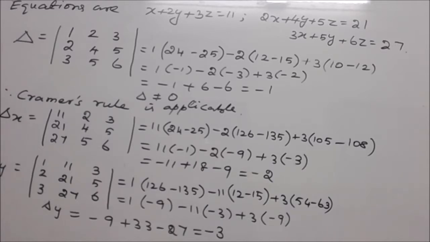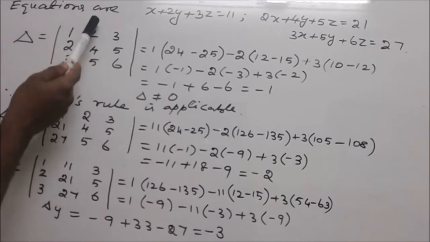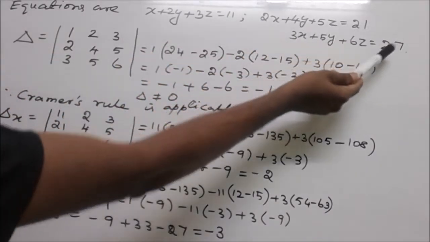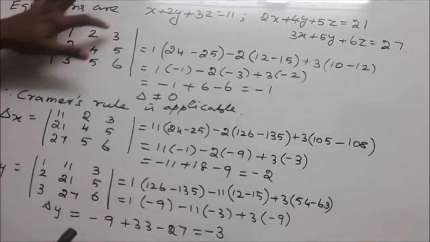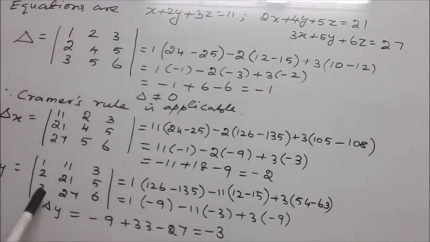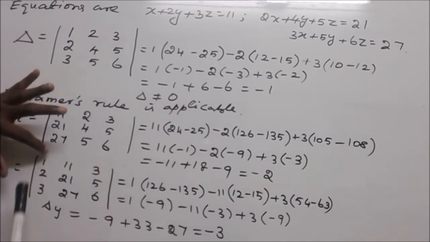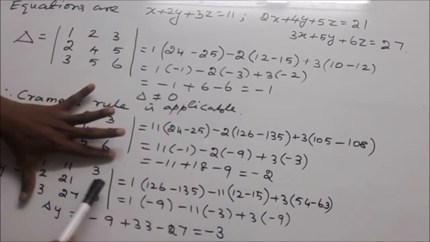Delta y. To find delta y, replace the coefficient of y in delta by the constant values 11, 21, 27. So 11, 21, 27, and the first and third columns remain as they are. Now 1, 2, 3, 3, 5, 6. Again expanding, 1 into 21, 5, 27, 6 are taken. 21 into 6, 126.